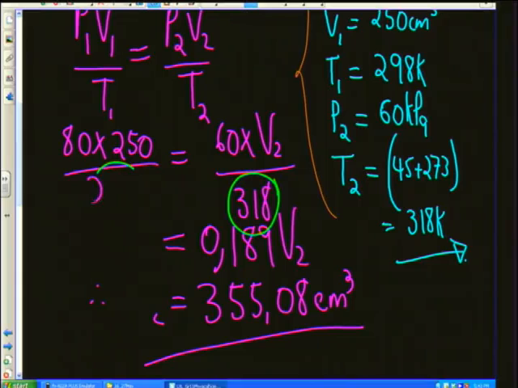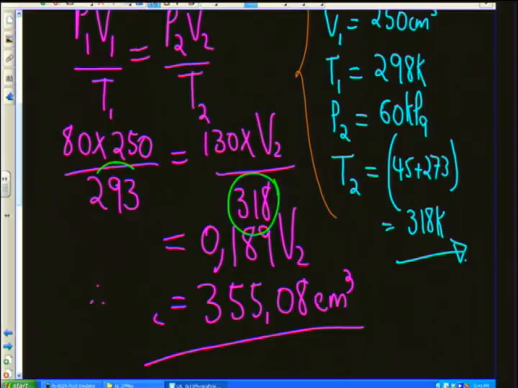I'm used to the 25 degrees Celsius. This is 20, so that should be 293. That side stays, but this must change to 130. Okay, so that is 130.